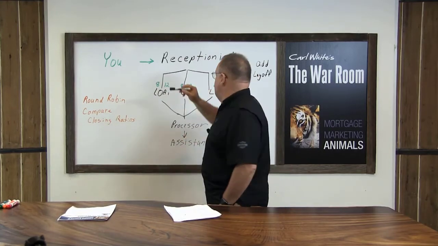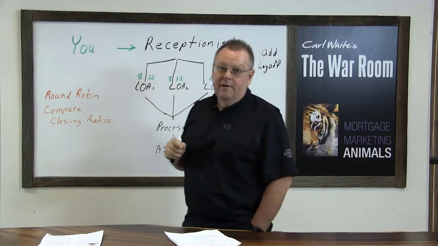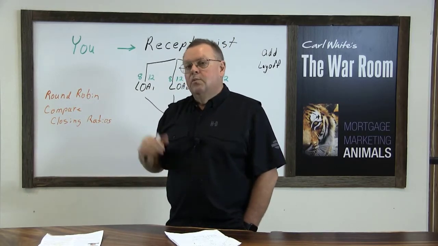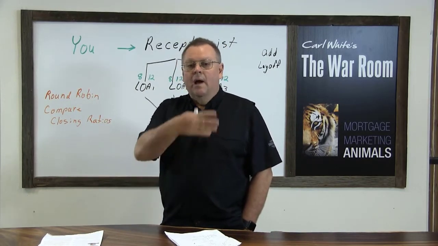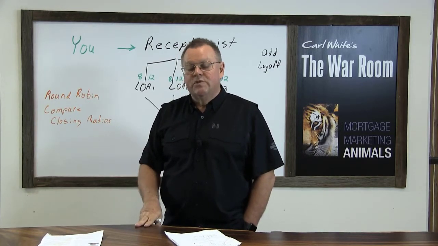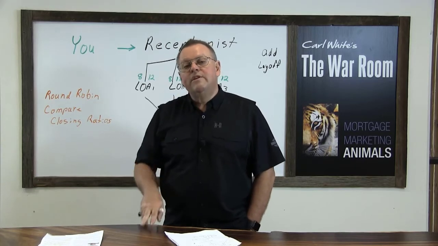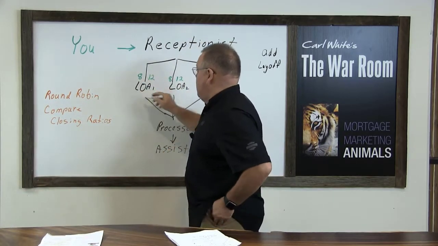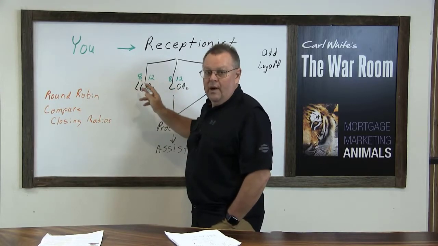So a phone call comes in, the receptionist answers. I'd like to speak to Bob, the loan officer. Receptionist says, I'm sorry, the loan officer is not available right now. He's with clients, or she's with some clients right now, but we're going to move you to the front of the line. I'm going to have you speak to Jimmy, loan officer assistant number one.